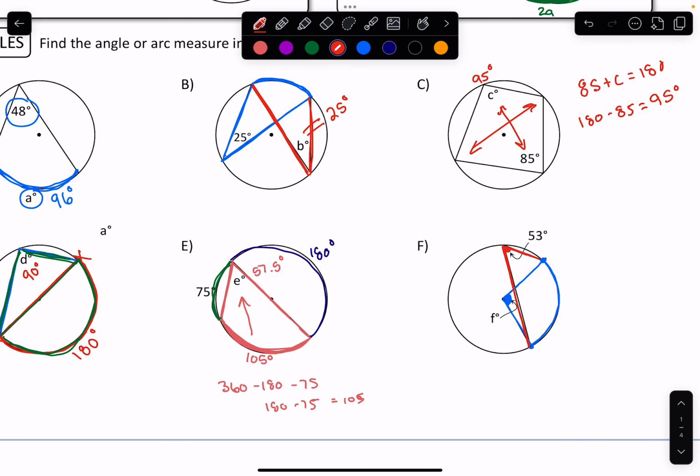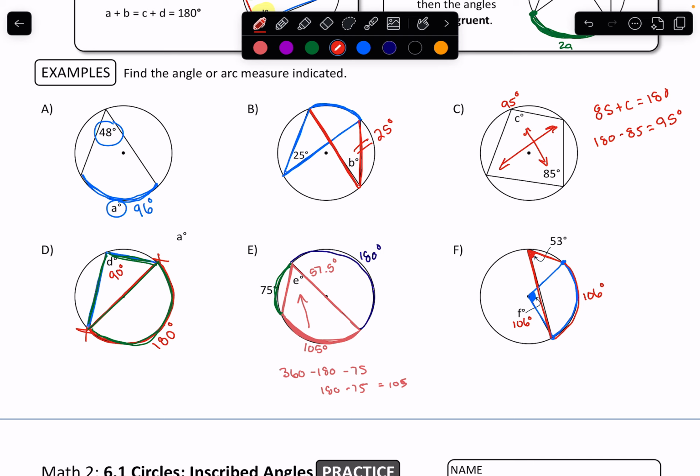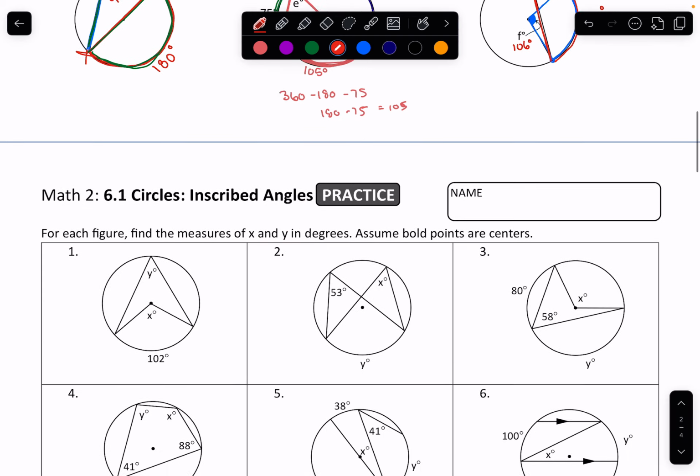So if this red angle is 53 degrees, then that means this arc is twice that big. So it's 106 degrees. Well, if that's 106 degrees, then my central angle, my blue angle, is also 106 degrees. Because the blue angle matches the arc, the red angle is half of the arc. That's something you're going to have to get used to, the difference between the two. All right? Okay.